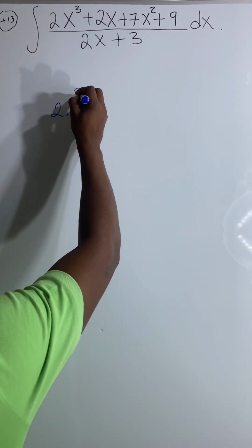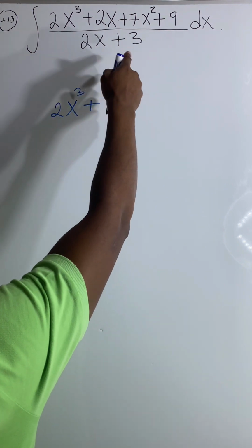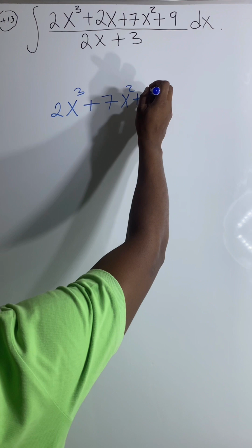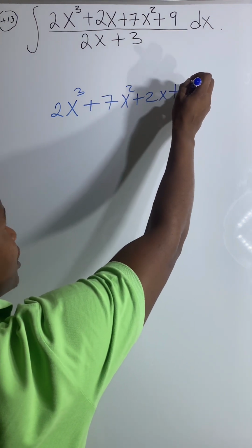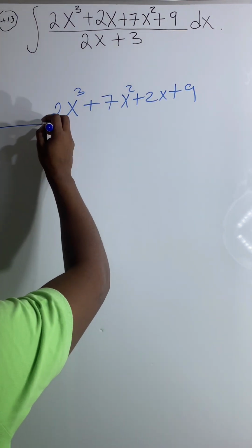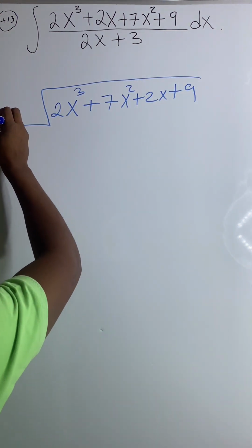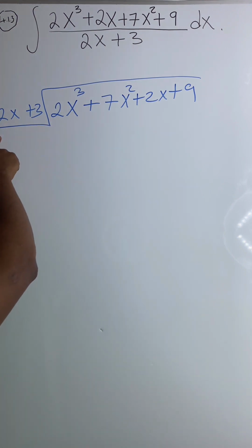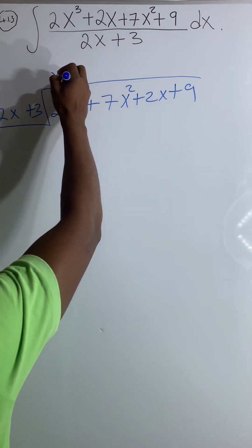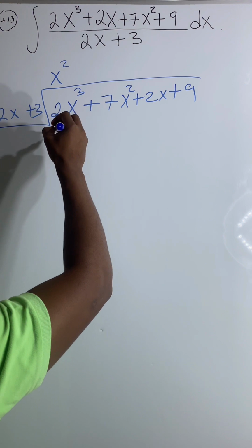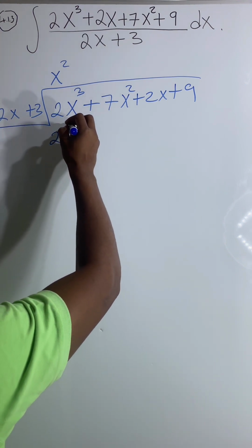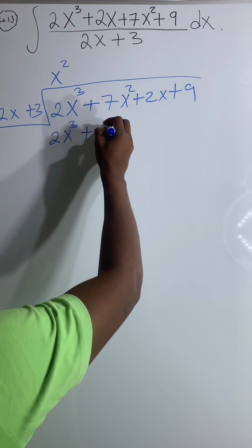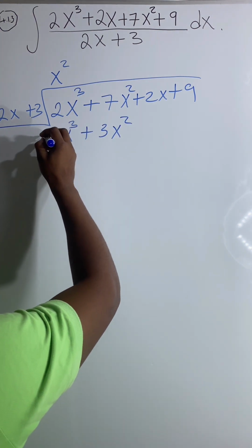Let's rewrite that in standard form, 2x^3 + 7x^2 + 2x + 9, which will be long divided by 2x + 3. 2x^3 divided by 2x is equal to x^2, and x^2 multiplied by 2x is equal to 2x^3. x^2 multiplied by 3 is equal to 3x^2.